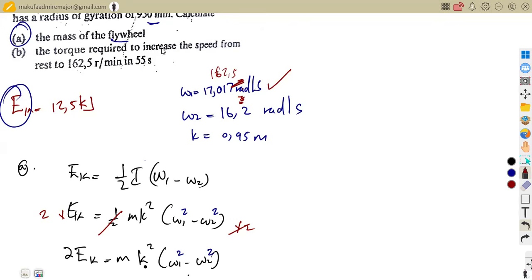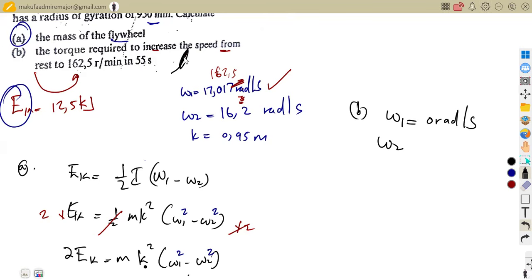But now they are saying the torque required to increase the speed from rest to this. This is no longer our omega 1. We are having another condition. Our omega 1 on B is another thing, from rest, from 0 rad per second to this one.